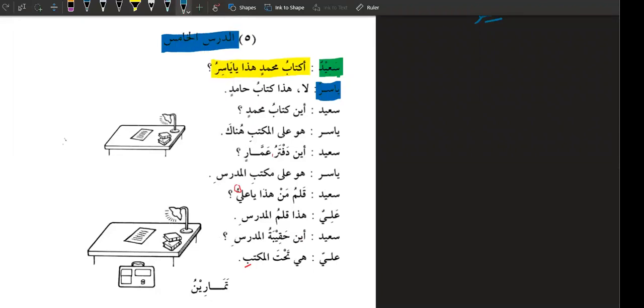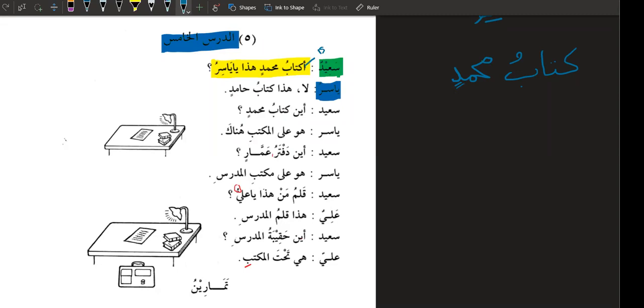So let's get it up here. كتاب. Right, the same sentence here. كتاب محمد. So the first sentence, أكتاب محمد هذا يا ياسر. Remember, a means is.